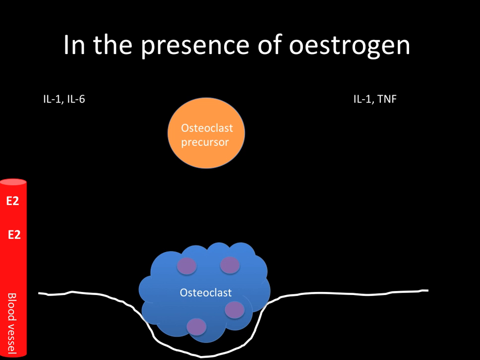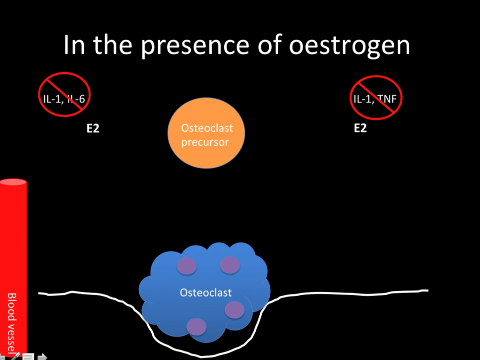Now let's look at what happens to this process in the presence of estrogen. Here's our estrogen in the blood vessel, and it's going to diffuse out of the blood vessel. We're going to get inhibition of these interleukins and also inhibition of the tumor necrosis factor.